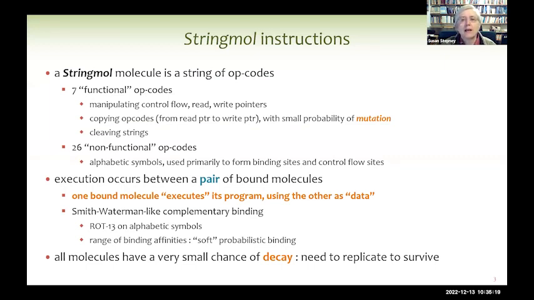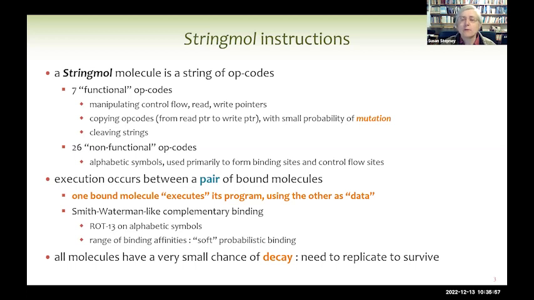So an automata chemistry is one where the artificial chemistry molecules are themselves little computer programs, usually written in some kind of assembly language. And here it's a hand-designed assembly language for our experiments. And this assembly language for string mol has got only 7 what we call functional opcodes, which can do very minimal things such as manipulating pointers, copying other opcodes, and cleaving strings that are being built and so on.